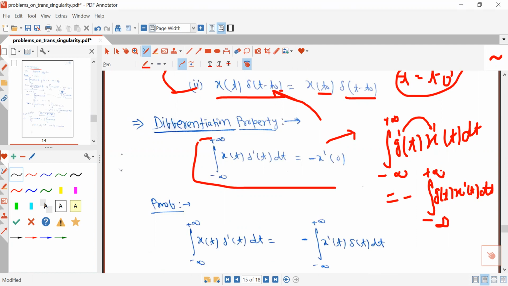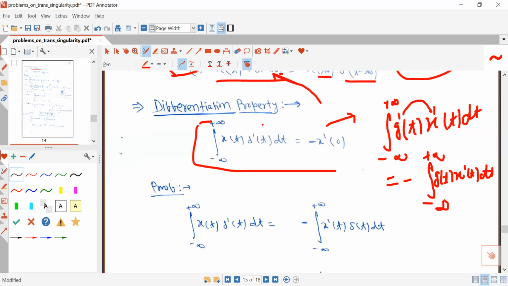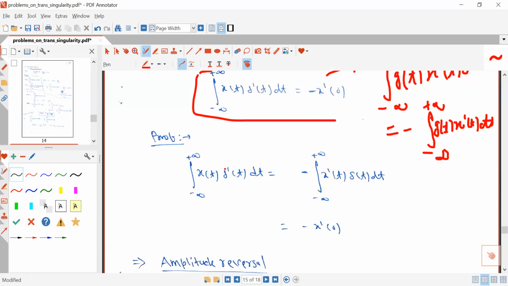So you can use this property, and you can derive it from the property of integration. So it will be easy. By this property, this differential sign is shifted here. Now x t delta dash t becomes equal to x dash t delta t, but the minus sign will be here.